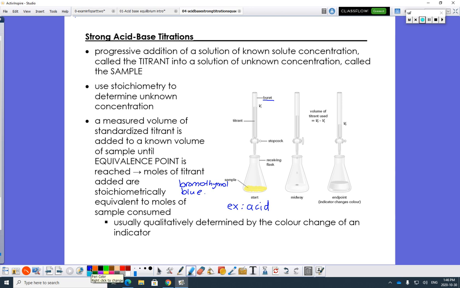And then once you start to add base, so you can kind of see here there's like a little dot. Once you started to add base to an acid, you get neutralization, right? Which would mean that the indicator would change color.